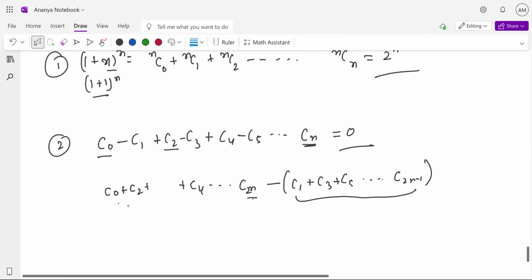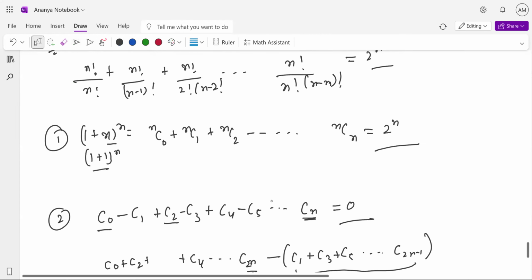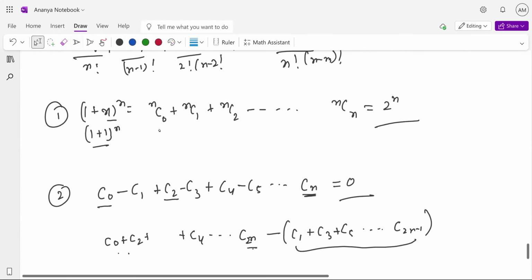Okay, so I'll just add them: C1 plus C2 plus C3, and so on. If I added there, I have to subtract it from here also. Wait, it doesn't actually make sense, whatever we are trying to solve. For this derivation, I think we can use this method itself.